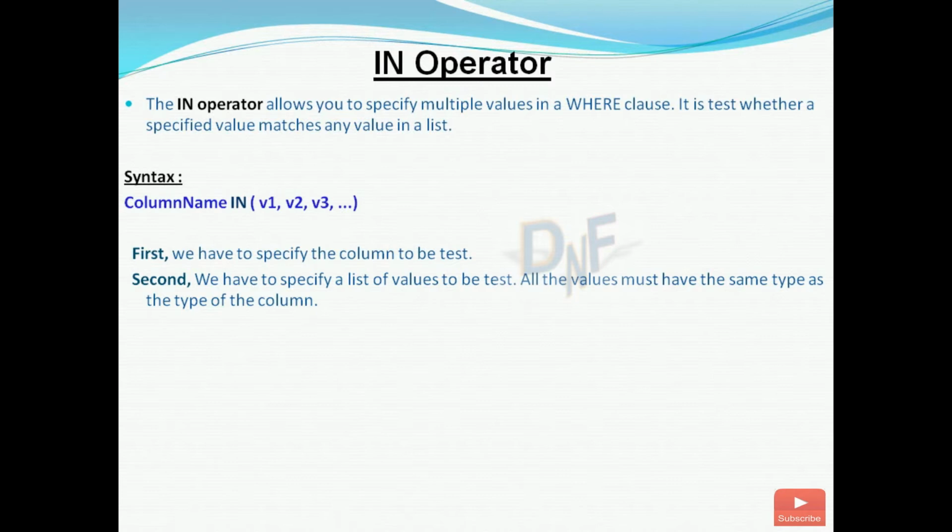Same thing if the column type is an integer and you use a string value with the IN operator, then it will return an error. So the column type and the value type should be the same, so it will help to match the values.